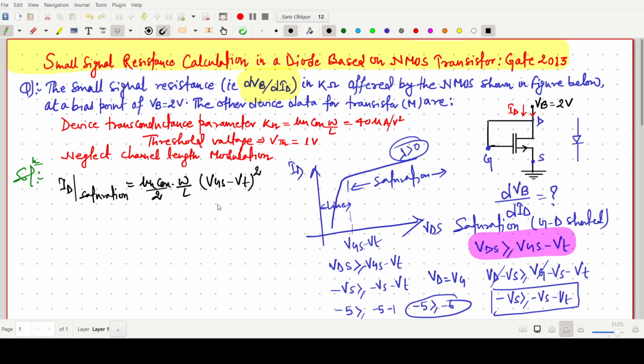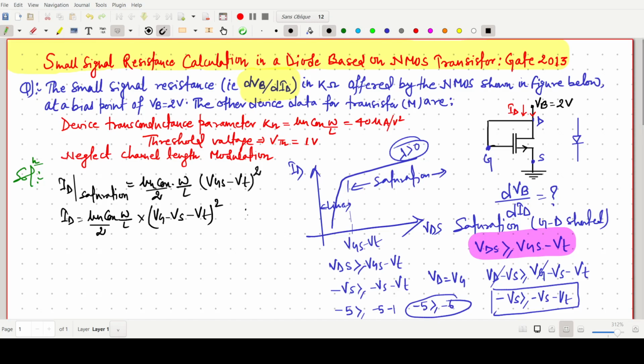Once again, I am writing one more thing. ID equals mu n Cox W by L by 2 into VGS, so VG minus VS minus VT whole square we can write.